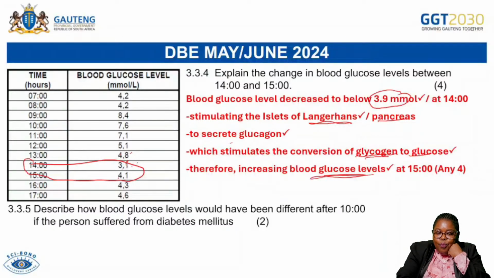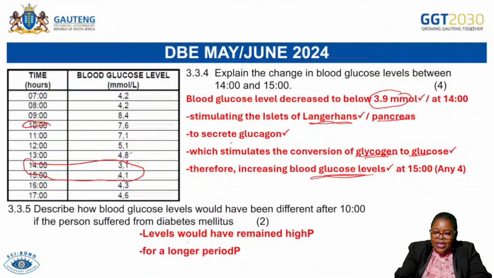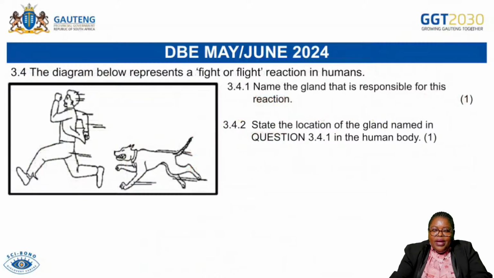Describe how blood glucose level would have been different after 10 if the person suffered from diabetes mellitus. So what we are saying here, the levels would have remained high for a longer period if the person had diabetes mellitus.